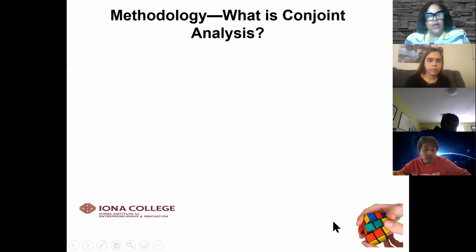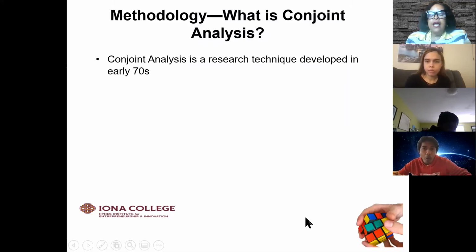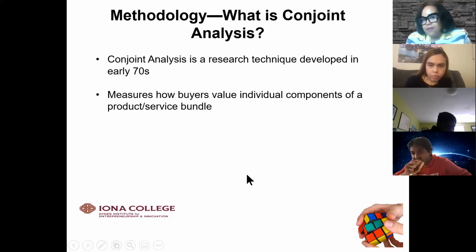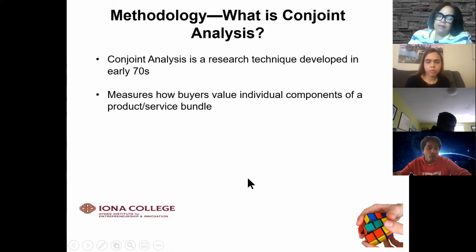So what is conjoint analysis? It is a research technique that has been around for a long time, developed in the early 70s, and it measures how buyers value individual components of a product or service bundle. Because as you can imagine, when you're going to launch a product, develop a product, there's a lot of different things that you can have associated with that product, and you can price it in many different ways.